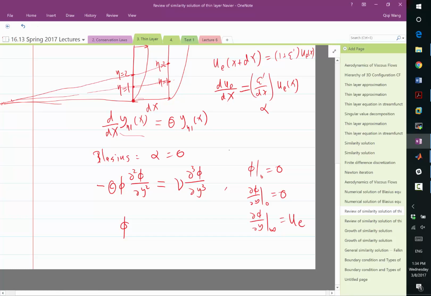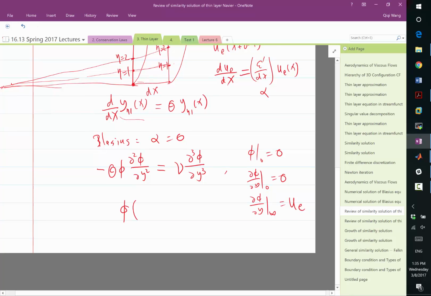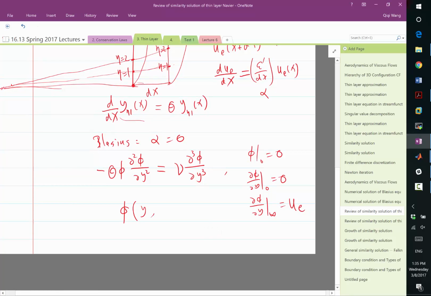So with this, we deduce that the solution would only depend on y, nu over theta, which you get by dividing both sides by eta, right? And also on ue. So that's what we got.